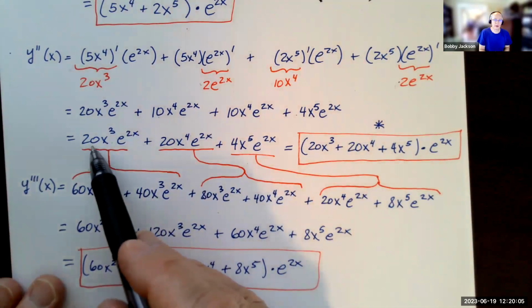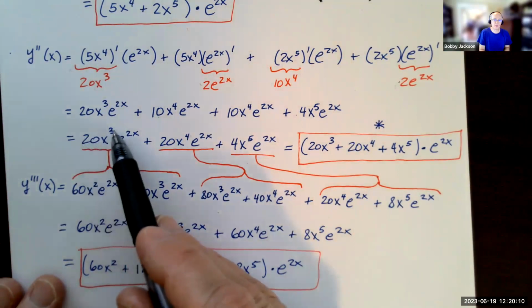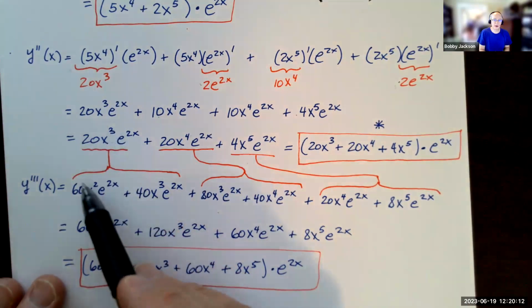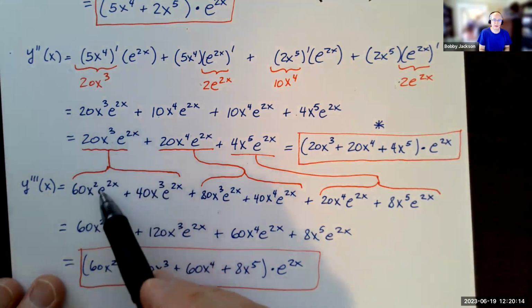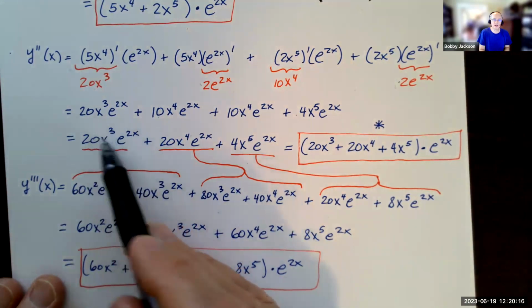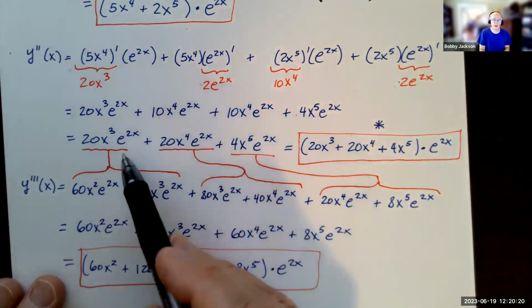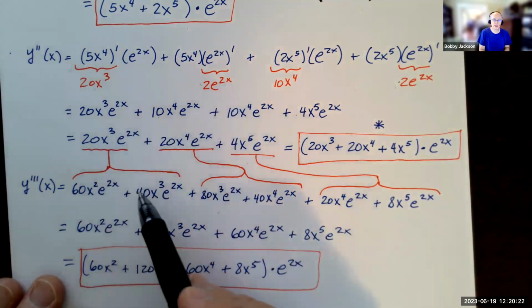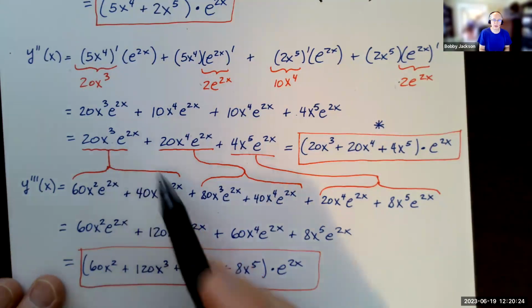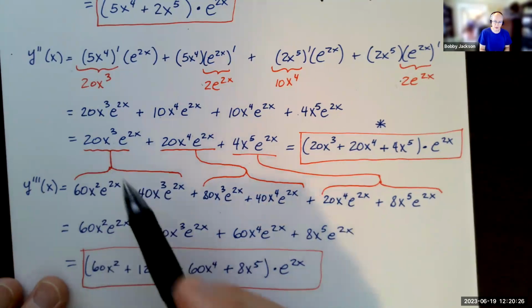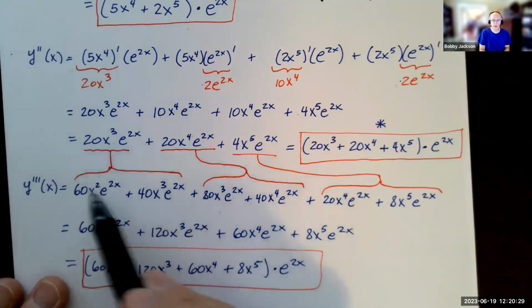So product rule here, take the derivative of 20x to the third power, which is bring the 3 down, 60x squared times e to the 2x, plus 20x cubed times the derivative of e to the 2x. Well, we know what the derivative of e to the 2x is, right? 2e to the 2x. So I get 2 times 20 is 40 x cubed e to the 2x. So this is a product rule for this one here.